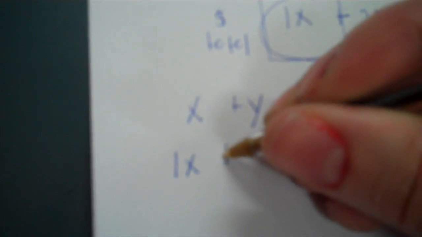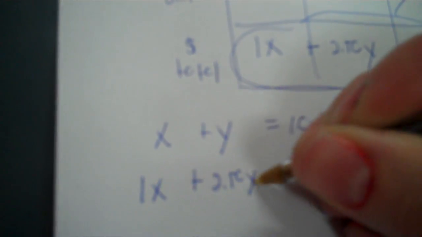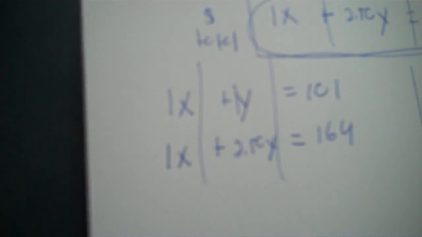I have this one, obviously, but I've also got this one on top, so we stack those. So we're going to put x plus y equals 101, and then 1x plus 2.50y equals 164. Now, you draw your columns because you have to use elimination.